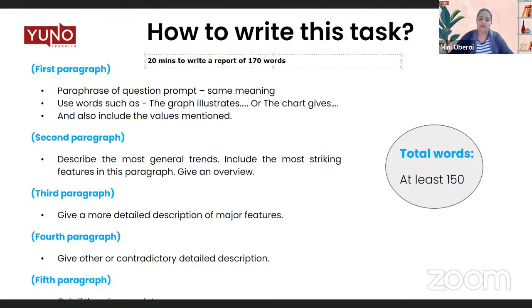All right, we have to write 170 plus words. How should I divide my time? First, the first step is you should invest 2 to 3 minutes to understand the process.